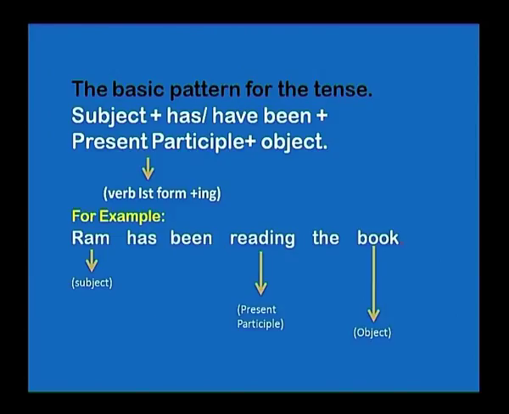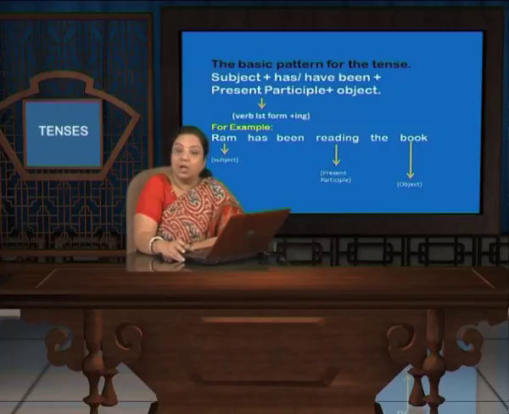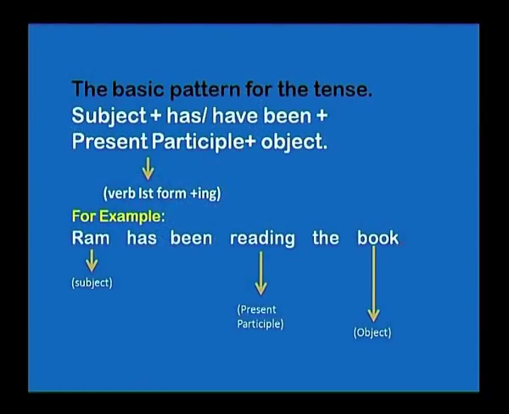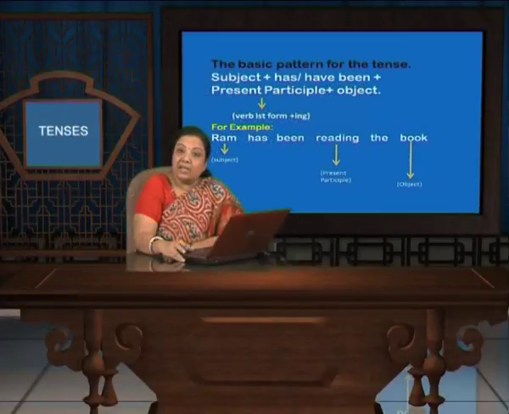For example, Ram is subject here. Ram has been reading the book. So, Ram is subject, has reflects the perfect, has been reading. Reading is present participle. The main verb is read, plus ing adds to it, makes it participle, and you have the book, object.